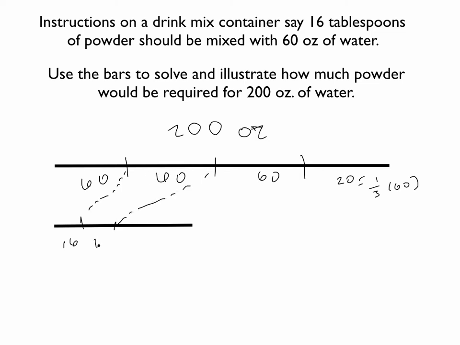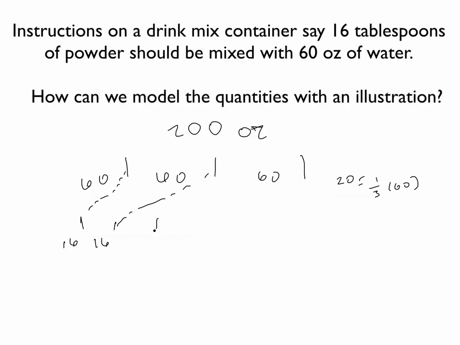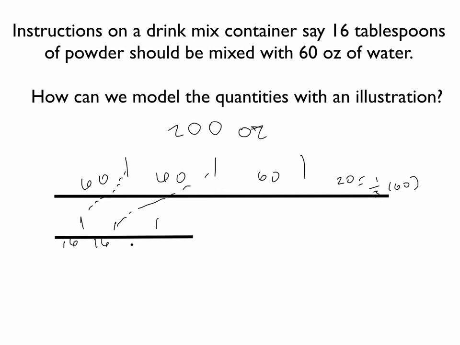Another 16 there, and then 16 there. And then how much is going to be in this little bit? A third of 16. So the total amount is going to be 3 1/3 times 16. And that's tablespoons.